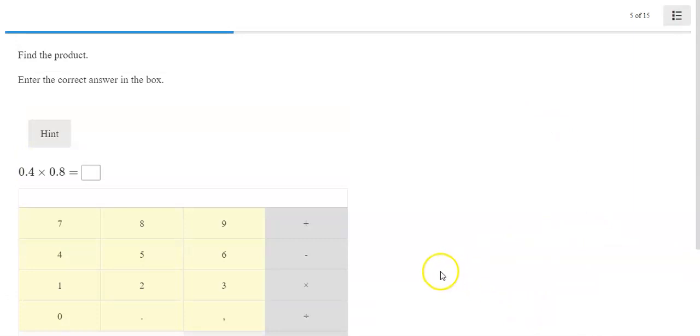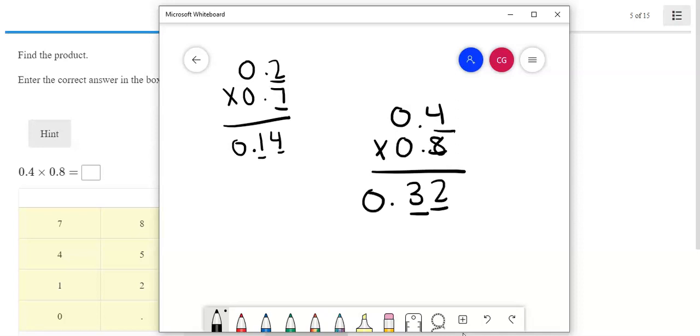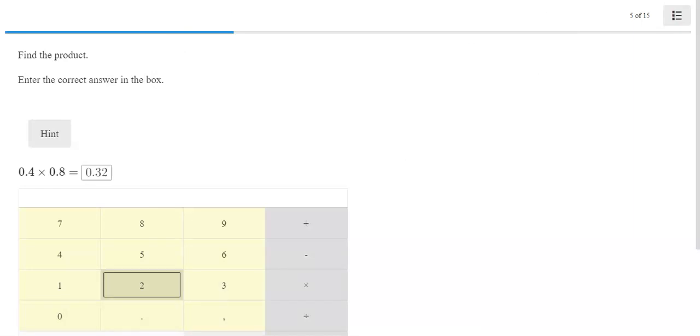Our next one is 0.4 times 0.8. 4 times 8 is 32. 1, 2, 1, 2. So we get 0.32.